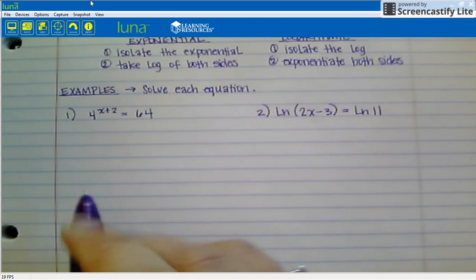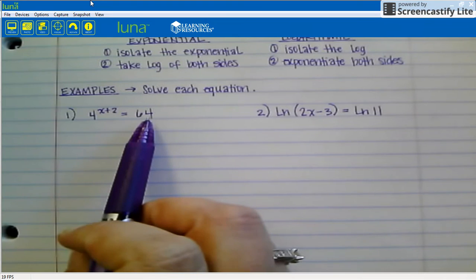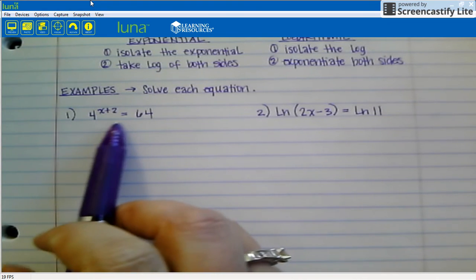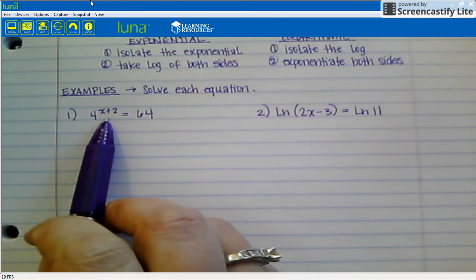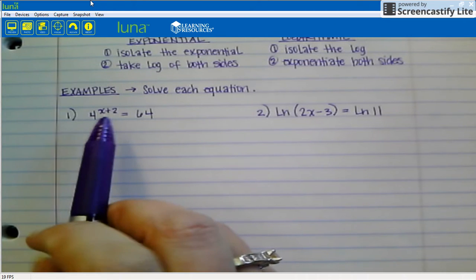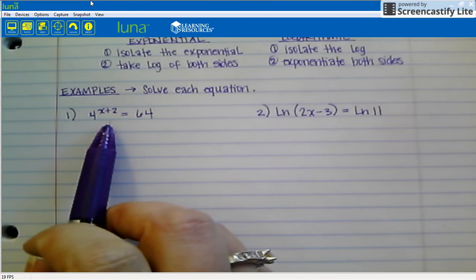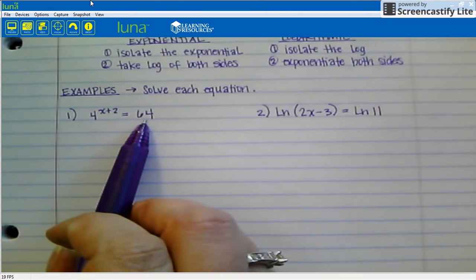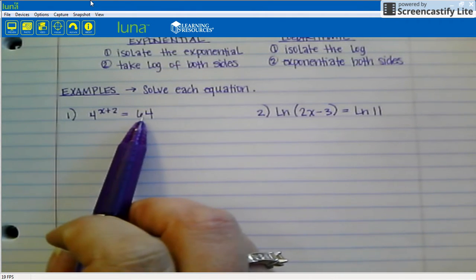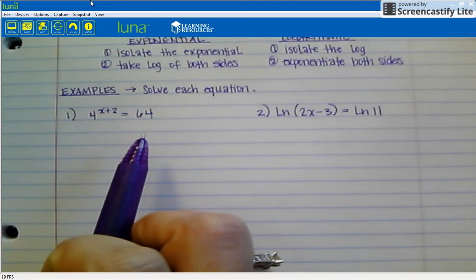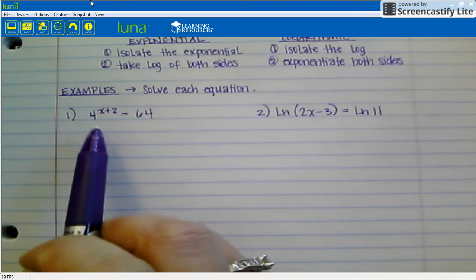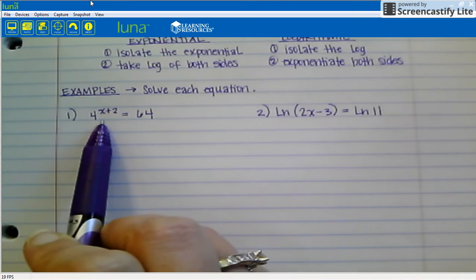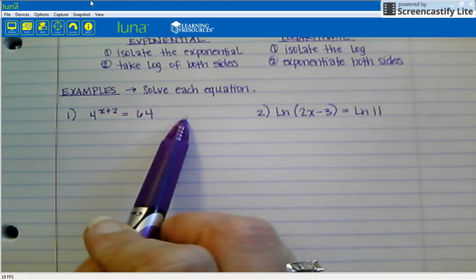So the first example is very much like what we were doing yesterday, where we're just given the exponential and we're asked to solve it. Now you can solve this just like we did yesterday, where you end up working with the same base of the exponent, but just to practice with the logarithmic process, the first thing you check is that your exponential expression is on one side and everything else is on the other.